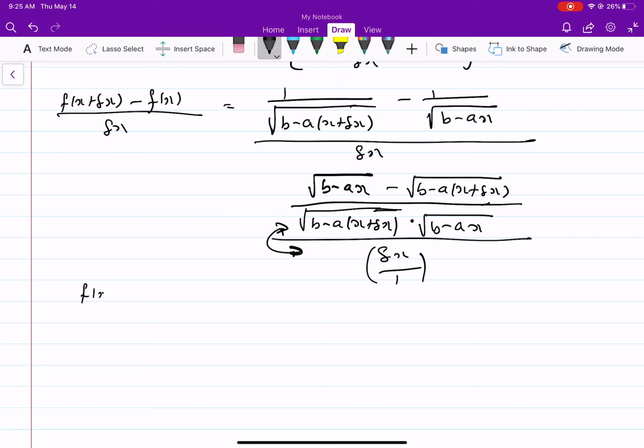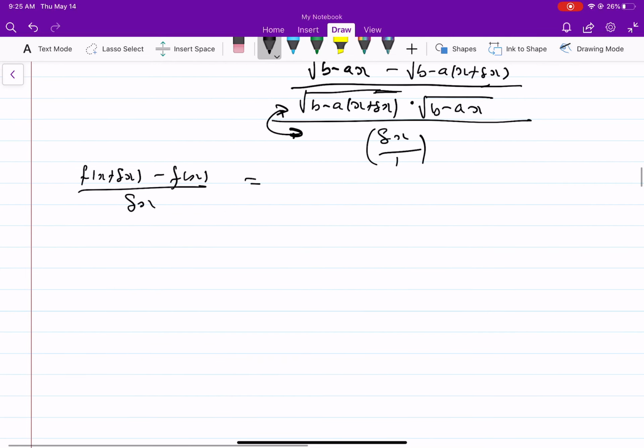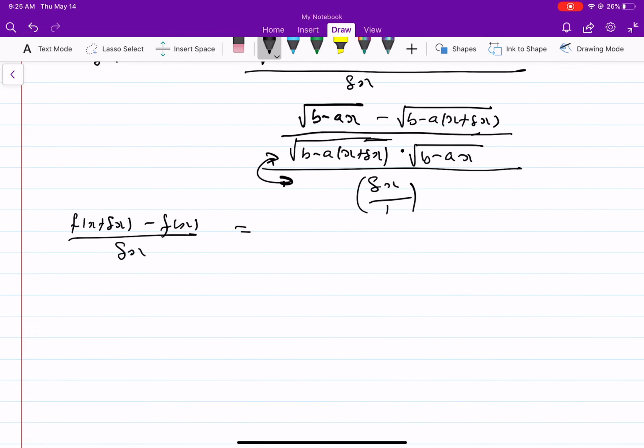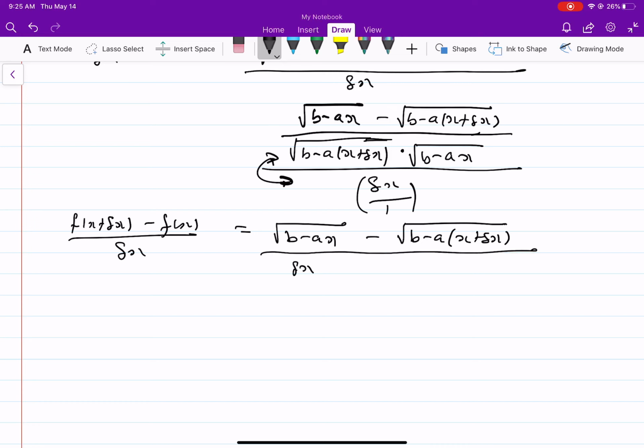So f of x plus delta x minus f of x all divided by delta x is the same expression as the root of b minus ax minus the root of b minus a into x plus delta x, all upon delta x times the root of b minus a into x plus delta x times the root of b minus ax.